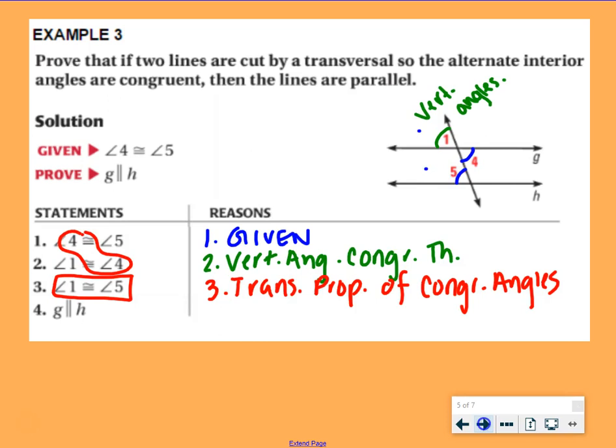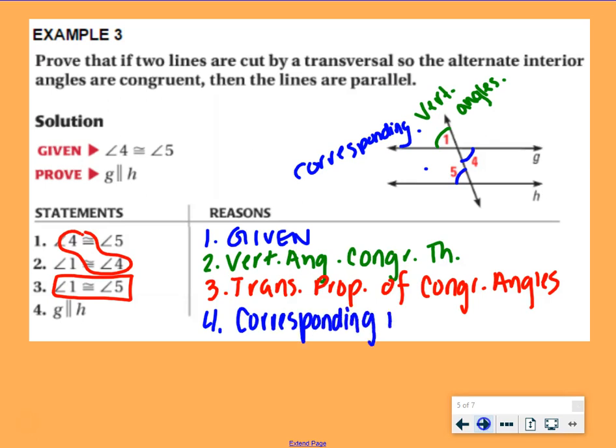We've now shown that corresponding angles are congruent. So since we've shown that corresponding angles are congruent, we can use the corresponding angles converse to state that the two lines are parallel.